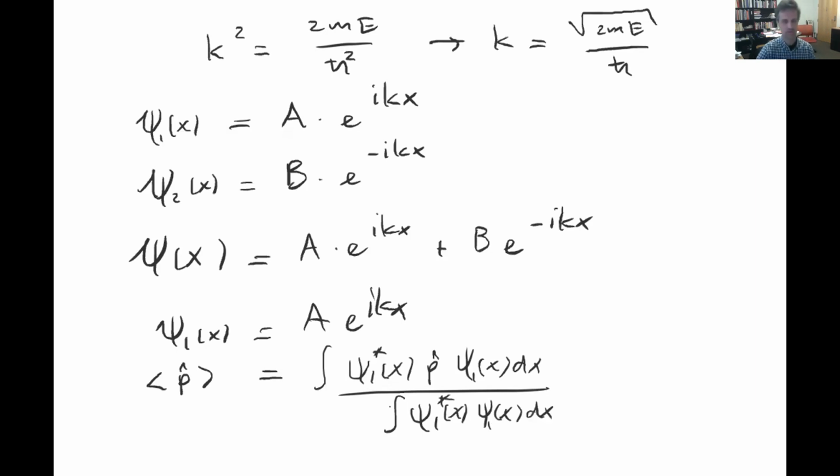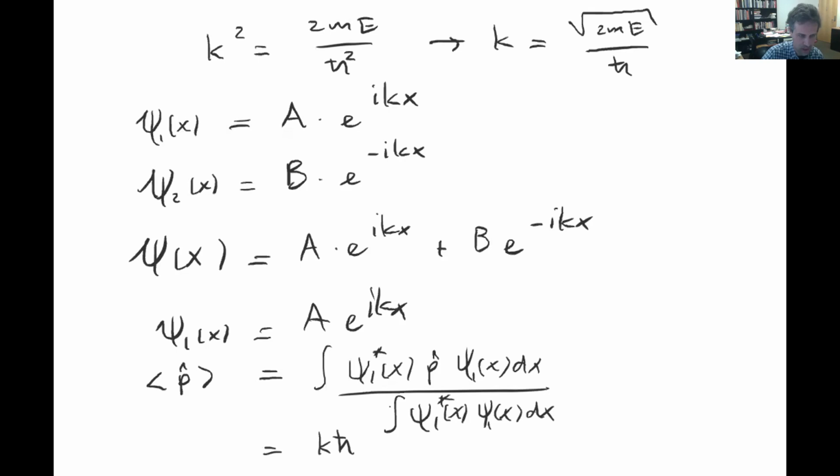That's what you have to solve. It looks terrible, but in fact, it's not so hard to calculate. The answer here is that you find k times h bar. All right, that is the solution.